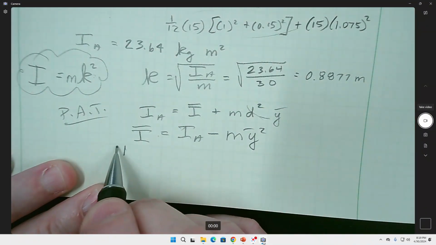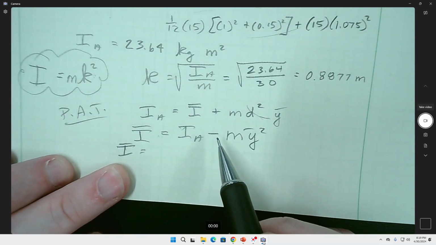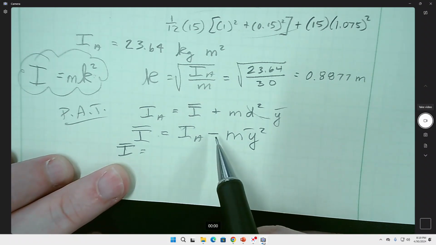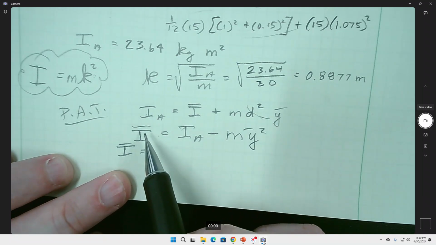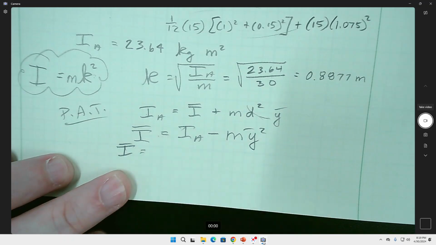One way that we can remember that we are finding the mass moment of inertia about the center is that it is going to be the smallest mass moment of inertia. That's the easiest place to spin the thing.